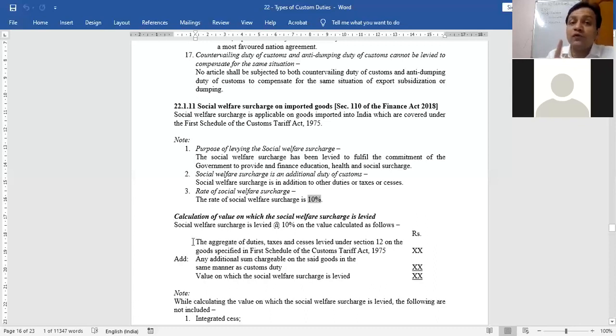Now it does not include the value of goods, it only includes taxes. All the taxes which are imposed under section 12 plus all other duties which may not be imposed under section 12, but those are just like duties. On that value, you have to charge social welfare surcharge.